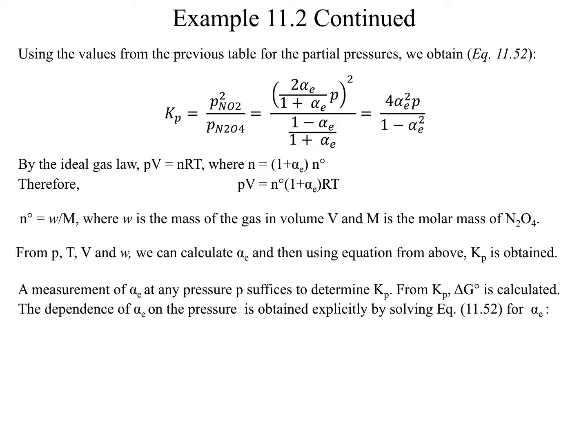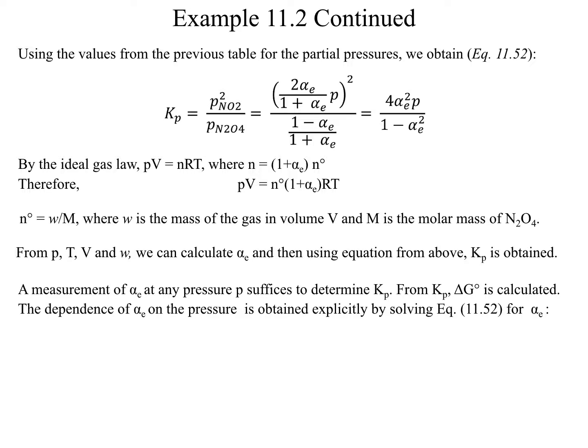So by measuring alpha at any pressure, we can then determine Kp. From Kp, we calculate delta G for the reaction.